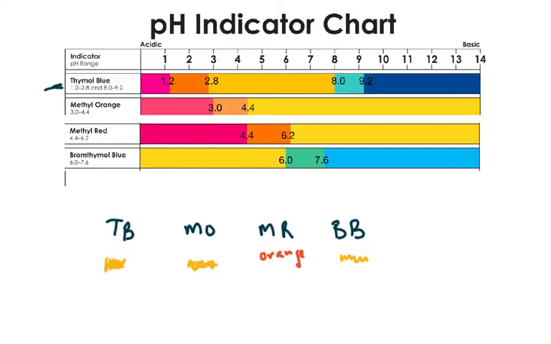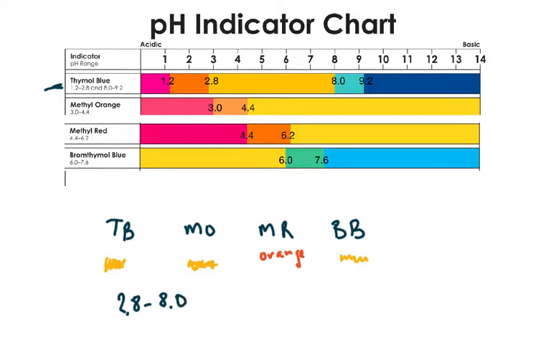You can see down at the bottom of the screen here, I have what the different indicators would look like for a random compound. So if thymol blue is yellow, that's what that color is supposed to be, that means my range is 2.8 to 8.0, which is a pretty wide range.